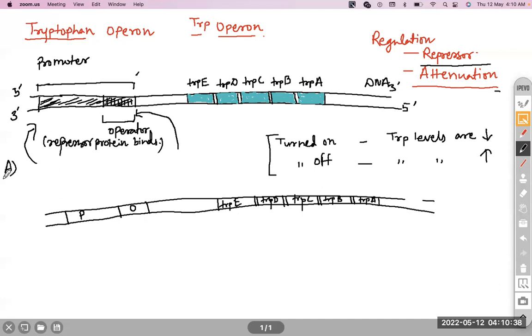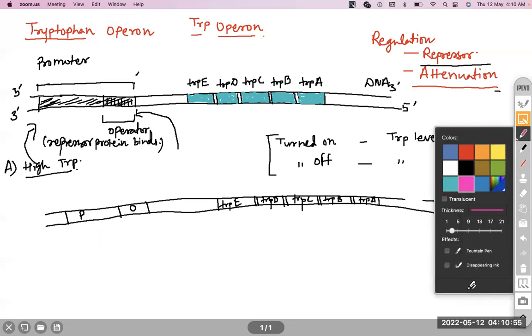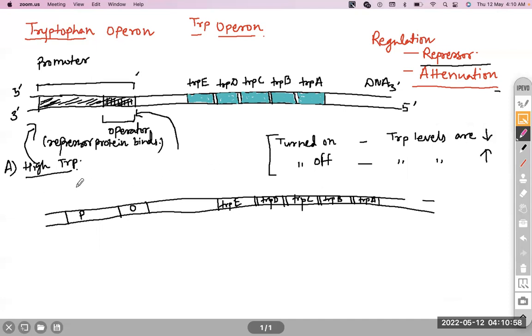So first case is when there is high TRP, high tryptophan. What will happen in this case? When there is high TRP, as I have already told you, TRP will bind to the repressor protein.